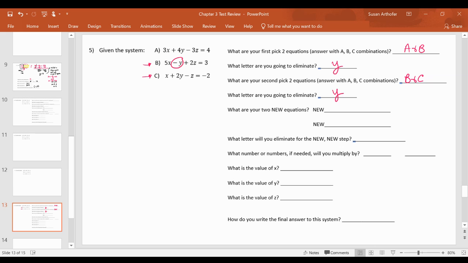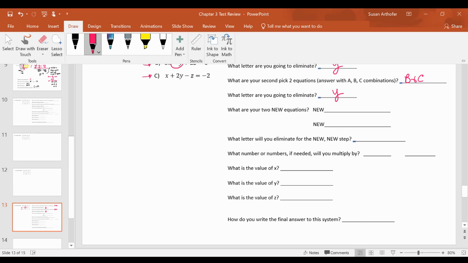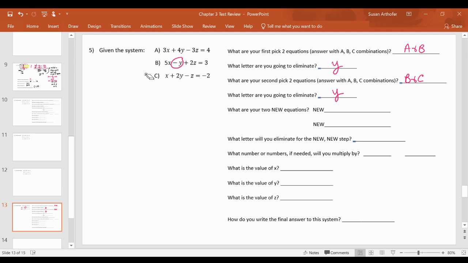So I focused right here in the middle on the Y. When I picked those combinations, I thought about it: if I eliminate with A and B, and if I eliminate with B and C, it would be easier. That was all. If you had chosen to eliminate a different letter, you can always email me and I can do a video for you, and I can show you just so you can verify your answer.